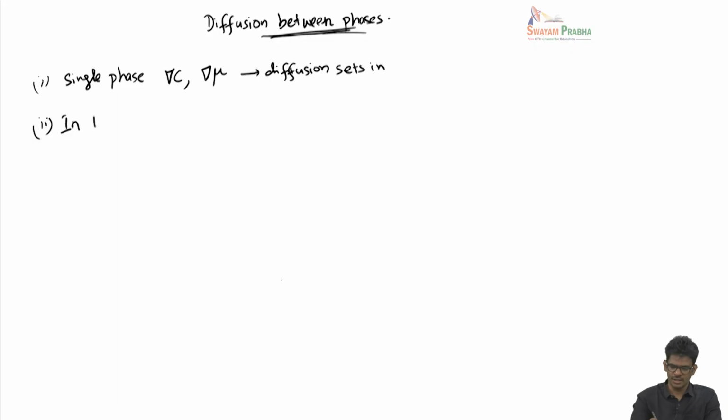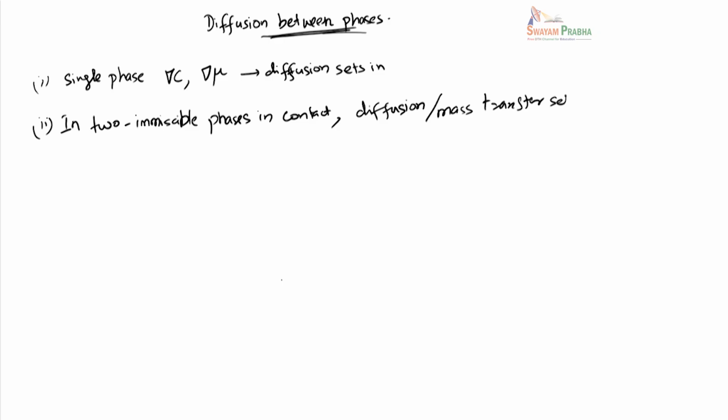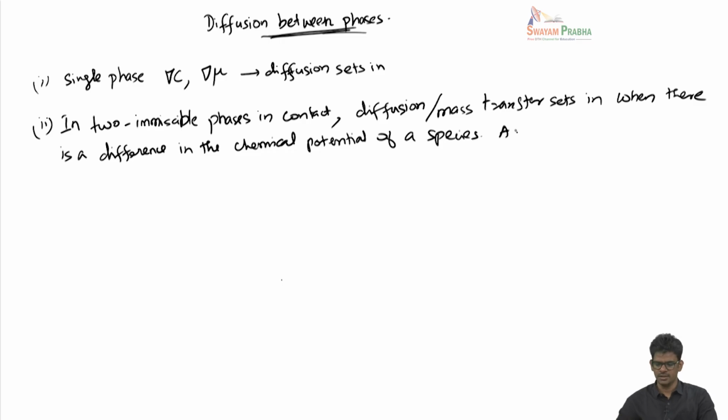Okay, so in two immiscible phases in contact, diffusion or mass transfer sets in when there is a difference in the chemical potential of a species, let's say A. Okay, so this mass flow between the two phases will continue until the chemical potentials are equal.